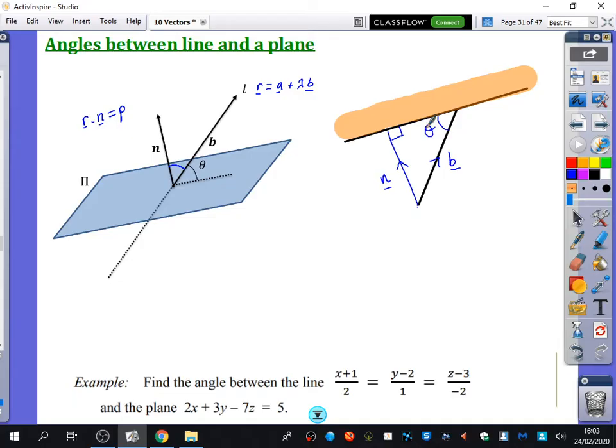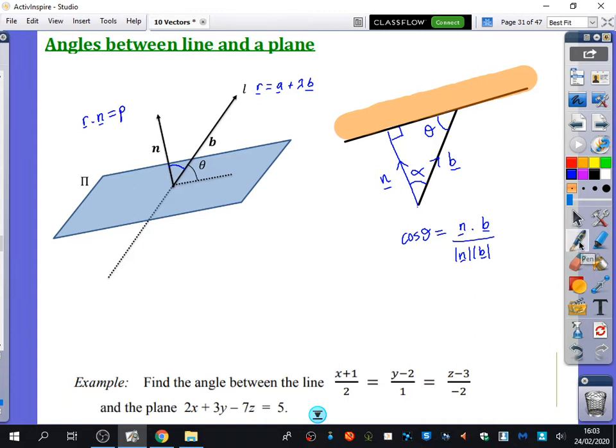But if I just did cos theta equals n dot b over modulus of n modulus of b, what angle would that tell me? The one at the bottom. Yeah, it works out both of the directions, but it's actually going to tell me what that angle there is instead. So I don't want to know what this angle is, I want to know what the other one is.